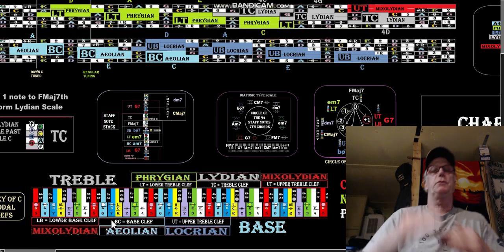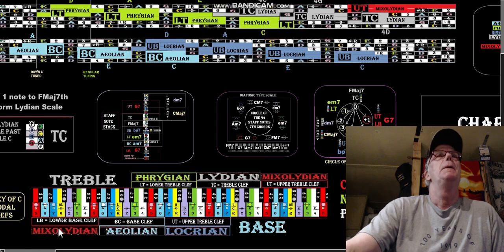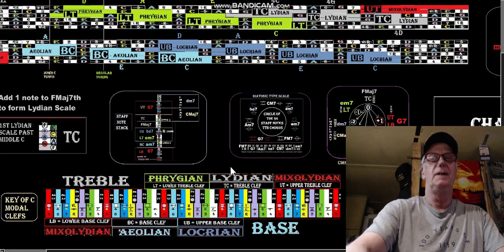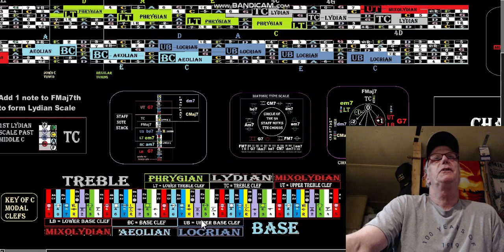Definitions. This is how we're splitting the clefs up. Bass is on the bottom, treble's on the top. Aeolian is 6/6 here. Now how are we going to get this? Upper treble, Locrian is 7/7. This is upper bass clef. Oops, okay, fix that.